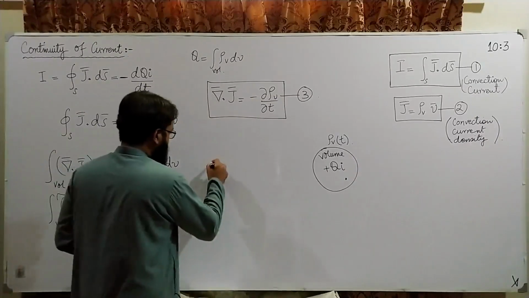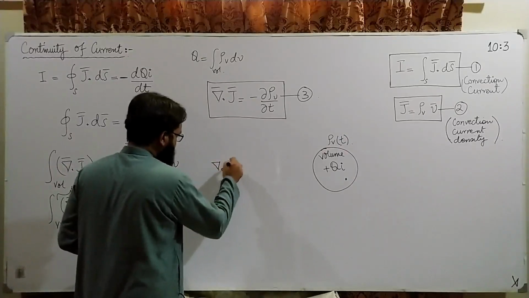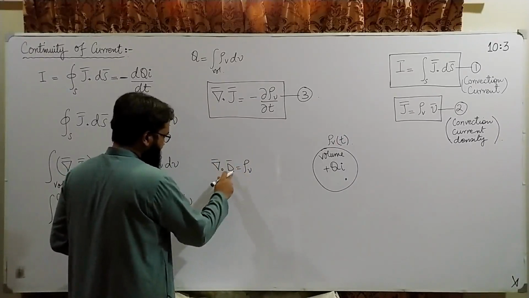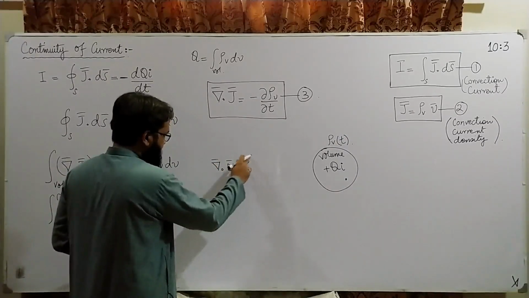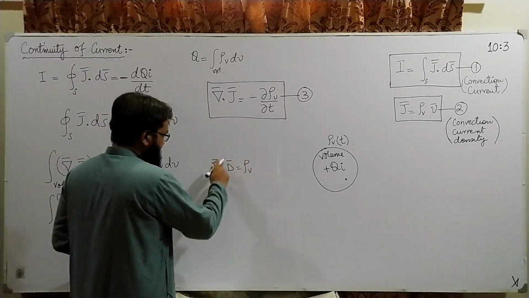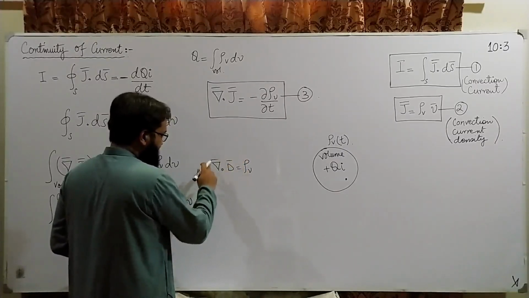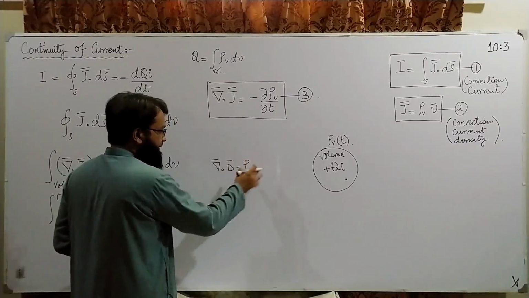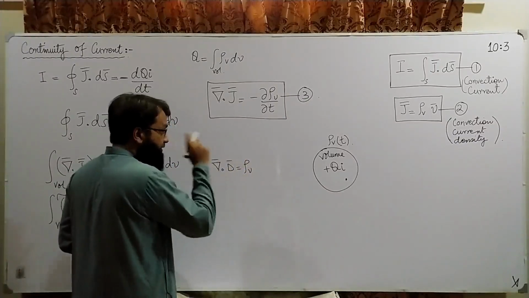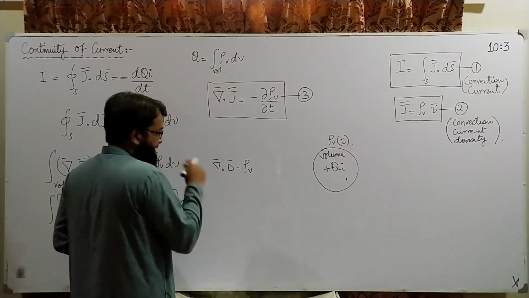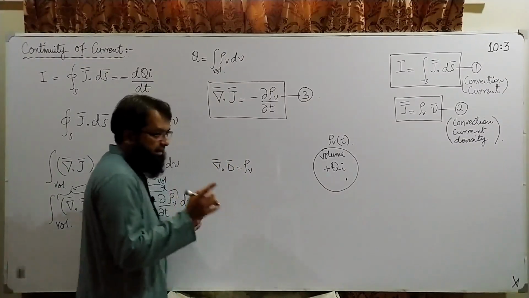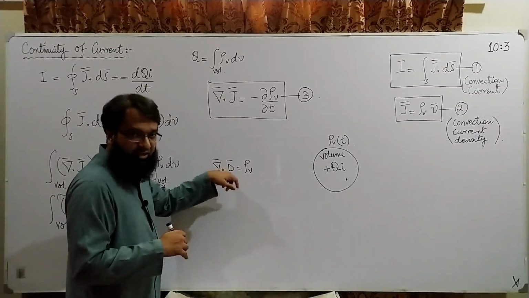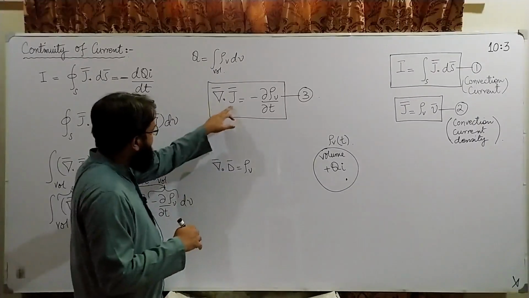In the case of electrostatics, we said that if you evaluate the divergence of electric flux density, you will get a non-zero, positive value if at that point there is a positive charge. It means that that point is originating electric flux. But we did not talk at that time in terms of electric flux, rather in terms of electric flux density. Same is the case here.